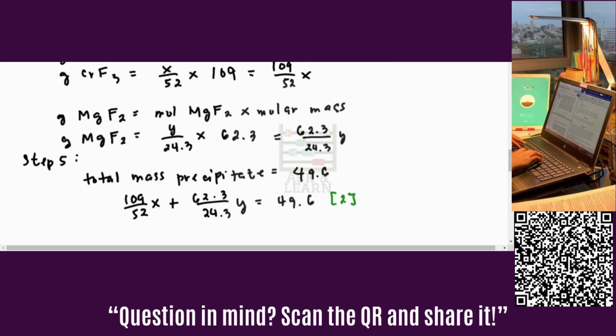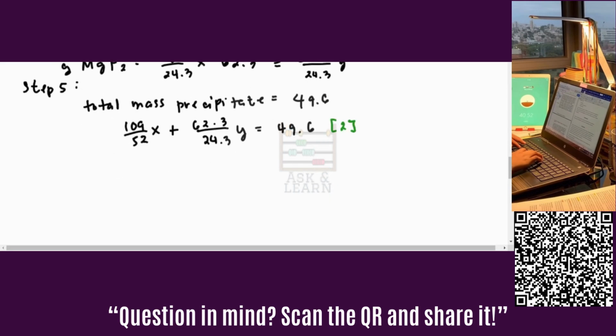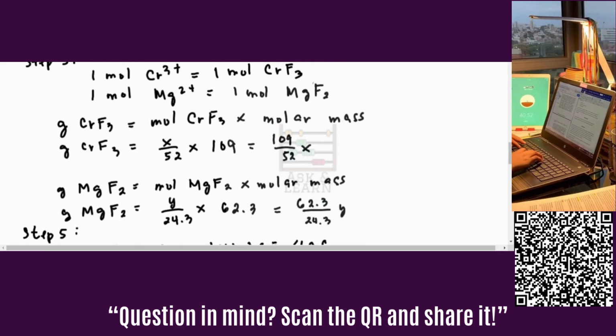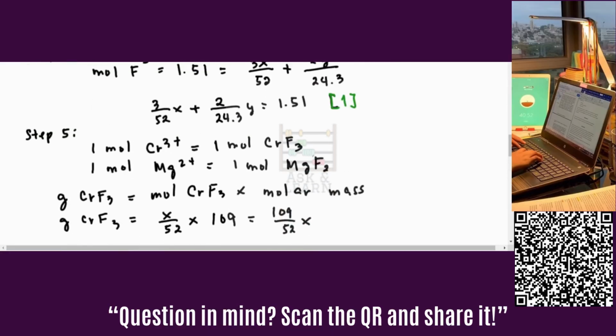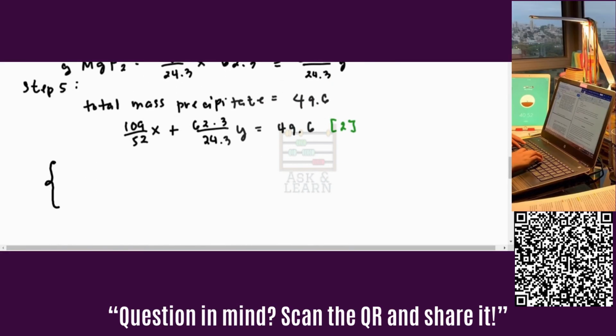So what we got here are two equations with two unknowns, x and y. So the first equation is this, okay? So 3 over 52 x plus 2 over 24.3 y equals 1.51.